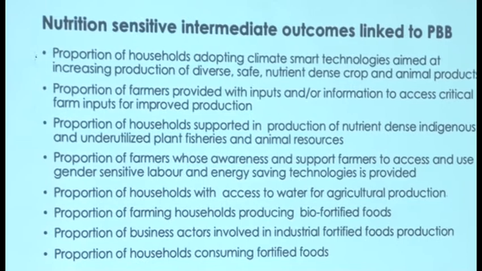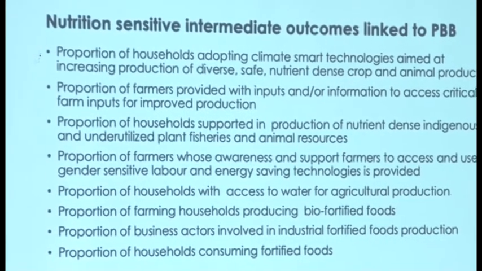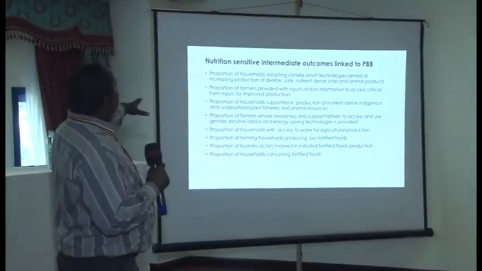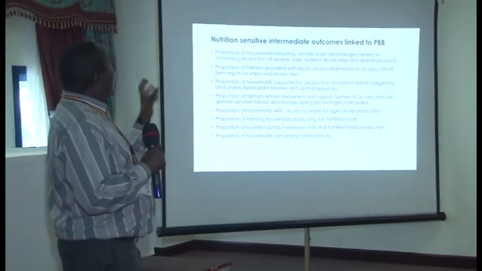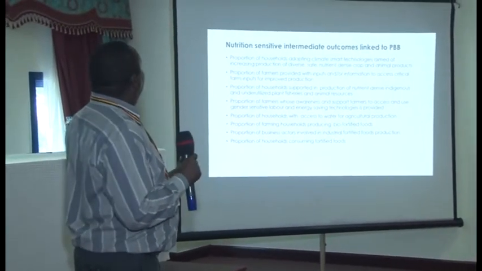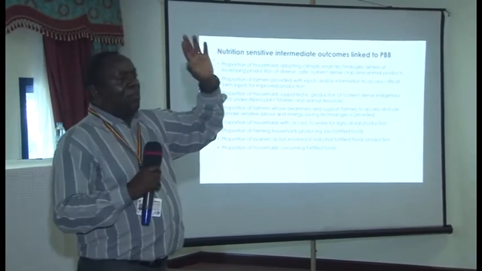It falls in sensitive. This is under agriculture. So in other words, at some point, there is a need to measure the proportion of households who are adopting climate-smart technologies and which are aimed at increasing production and all that.